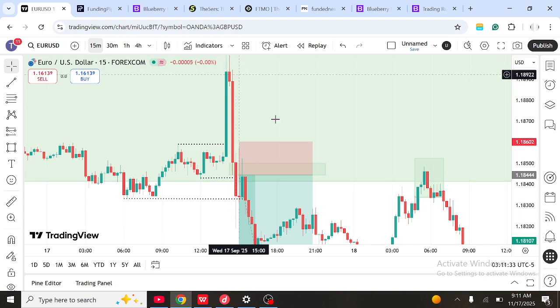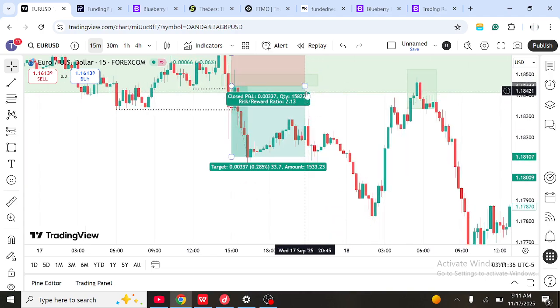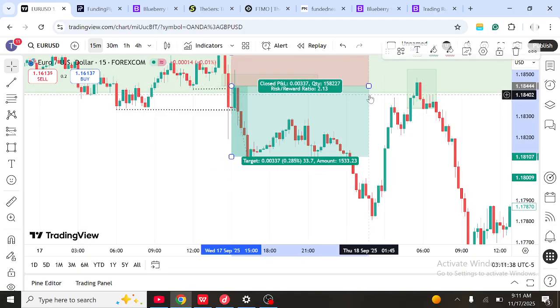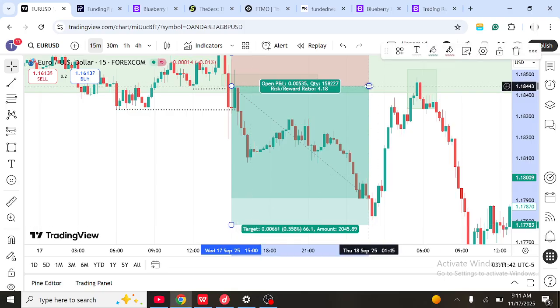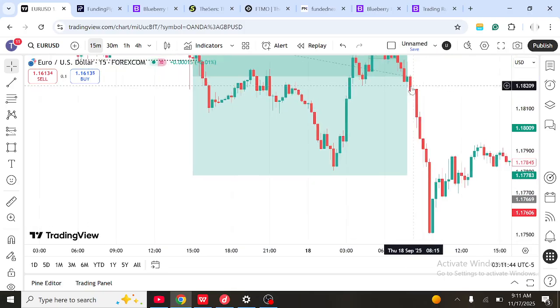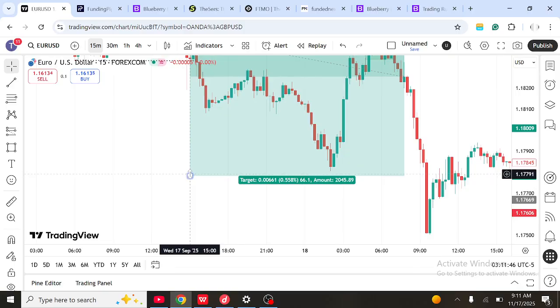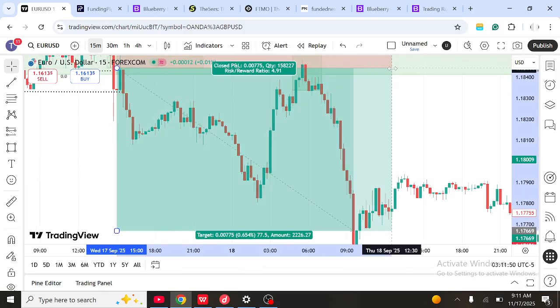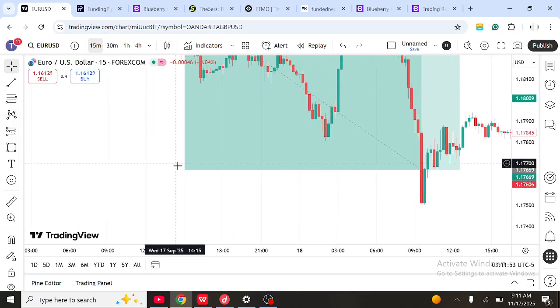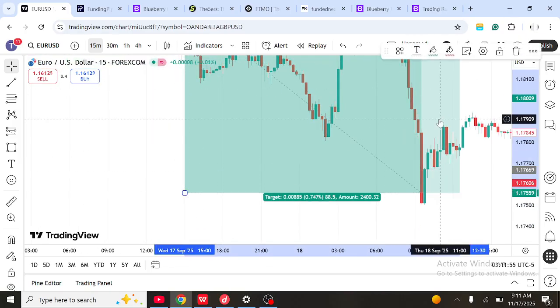If we put SL here, so we do the same thing, 1:5. So our 1:5 is not complete before we have another entry. You can see this is the 1:5.